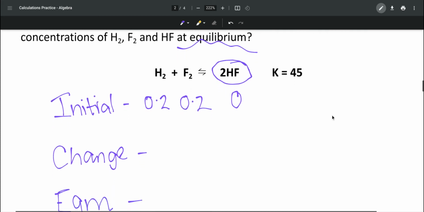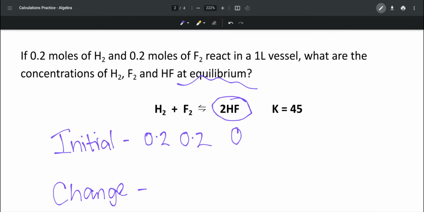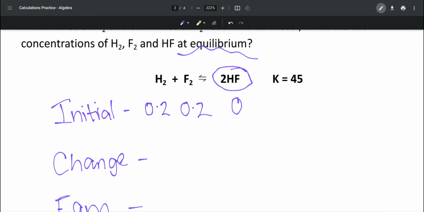Now, here's where it gets a bit complicated. The change we don't really know, so we give it a value which is x. Okay? So the change is if this reaction is proceeding. Now, everybody in this audience hopefully knows that as a reaction proceeds, we're going to lose reactants and form products. So what we're trying to do here is assign that a value of x that makes sense.